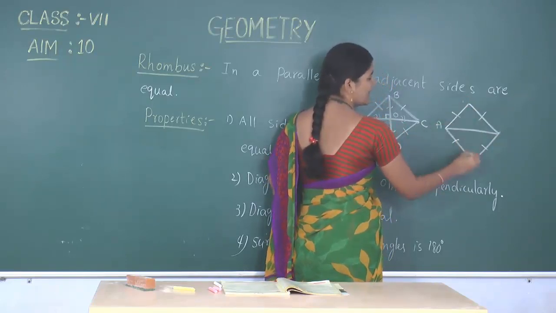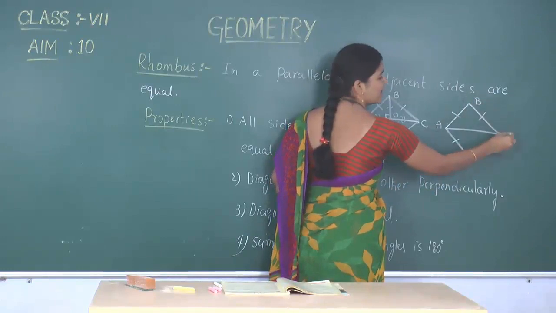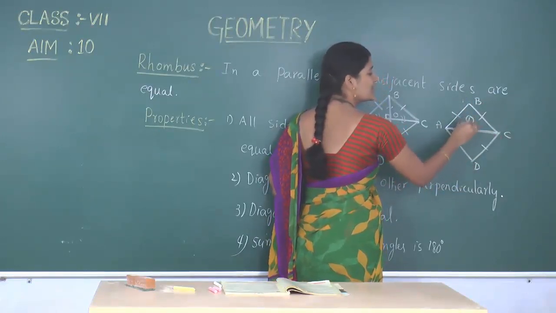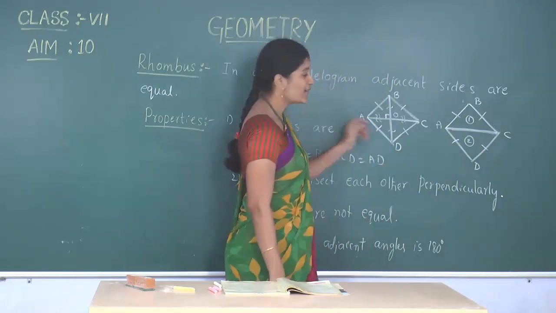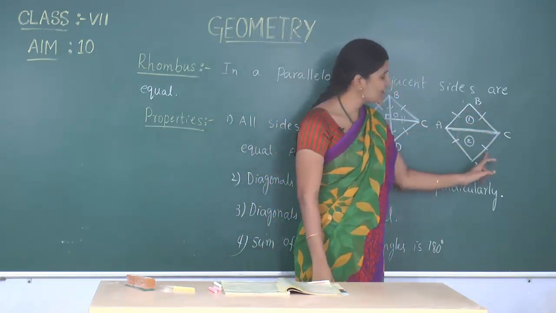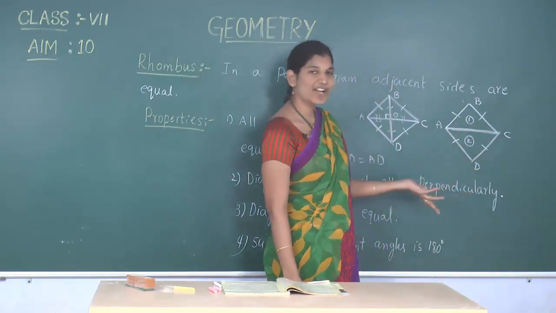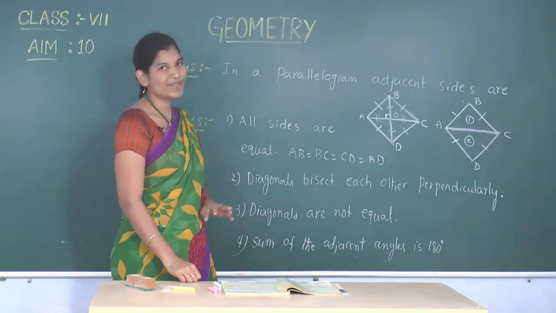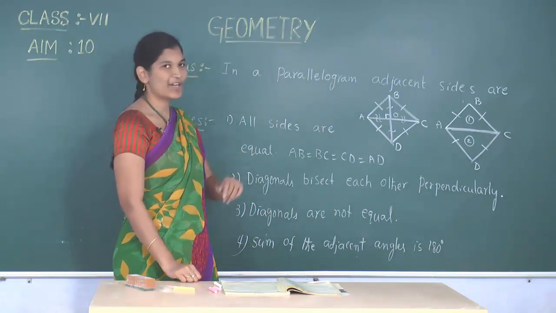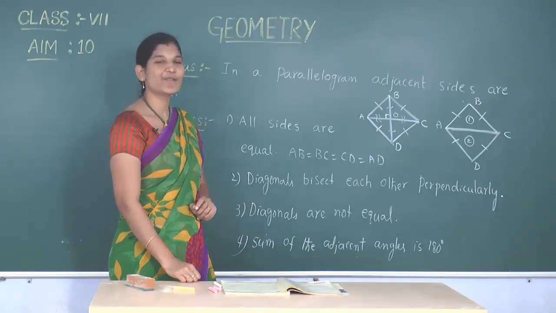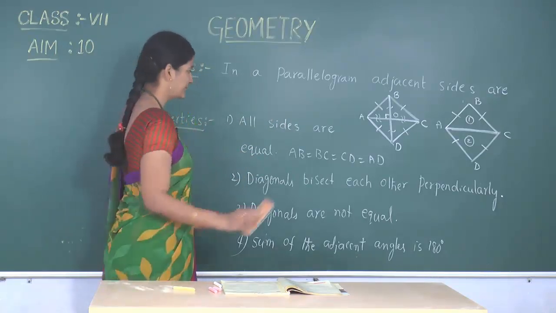Let it be A, B, C, D. See, this is the diagonal. It divides the rhombus into two triangles. Observe, in this triangle these two sides are equal. In this triangle also these two sides are equal. In any triangle if two sides are equal, we can say isosceles triangle, no? So that's why each diagonal of a rhombus divides the rhombus into two congruent isosceles triangles.